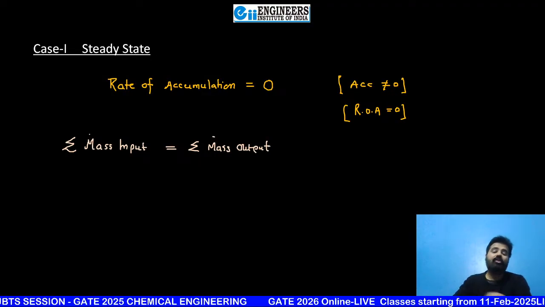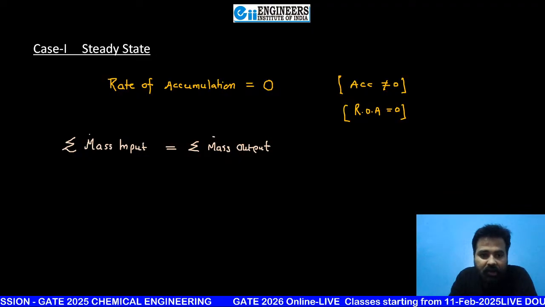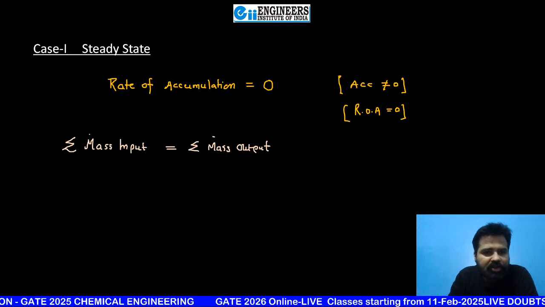All mass input is equal to all mass output, because the rate of accumulation is zero here.